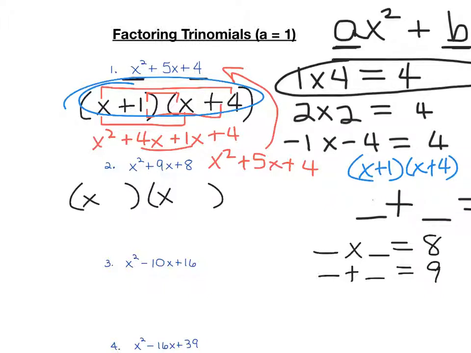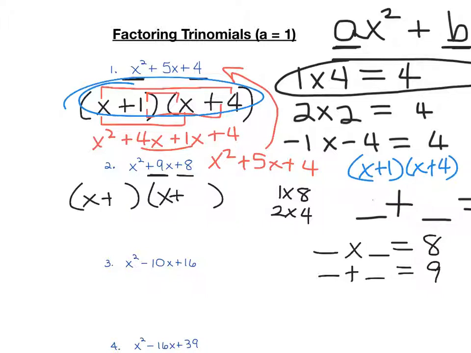So the ways that I can multiply to get an 8 are either going to be 1 times 8, 2 times 4. I can also do -1 times -8 and -2 times -4, but notice my signs are plus plus. So that automatically tells me the signs of my binomial are going to be positive, positive.